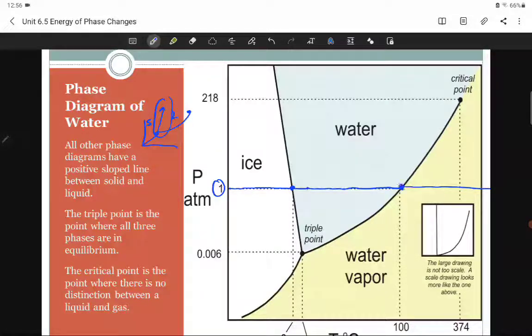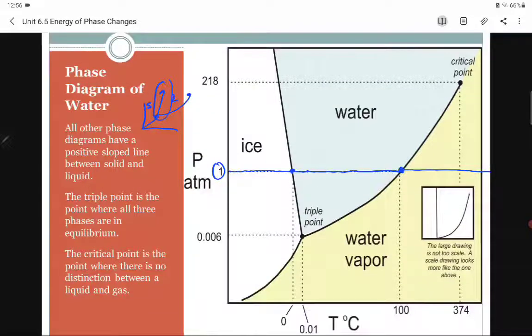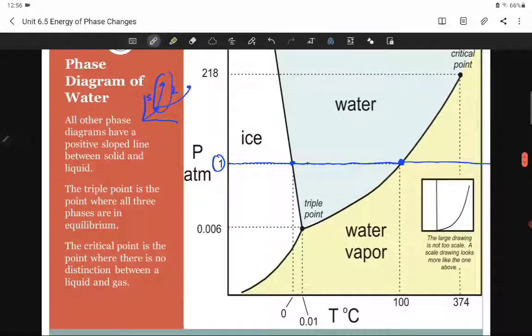But at 1 atmosphere, you would have on the x-axis 0 degrees Celsius and 100 degrees Celsius. So if you want to go from a solid to a liquid at 1 atmosphere, for water, it would melt at 0 degrees Celsius.